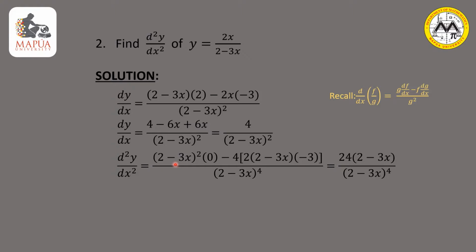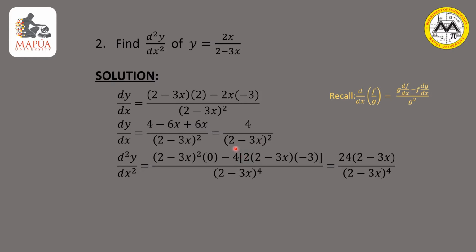So this is the denominator times the derivative of the numerator 4, which is just giving us a derivative of 0, then minus 4 times the derivative of the square of 2 minus 3x. Using the rule for differentiating a general power, u to the n, the derivative is n, u to the n minus 1 times du dx.